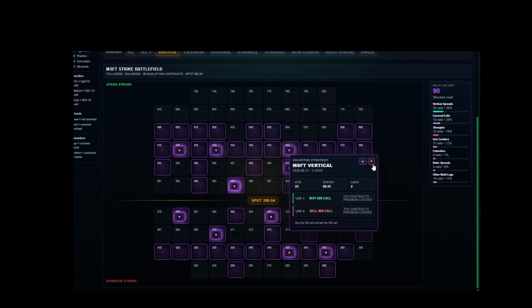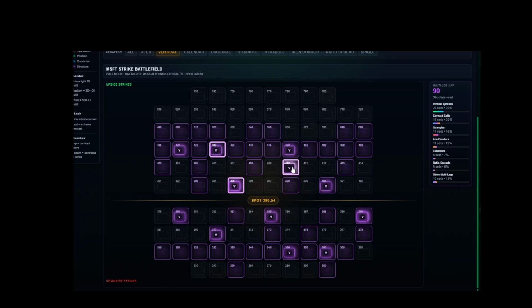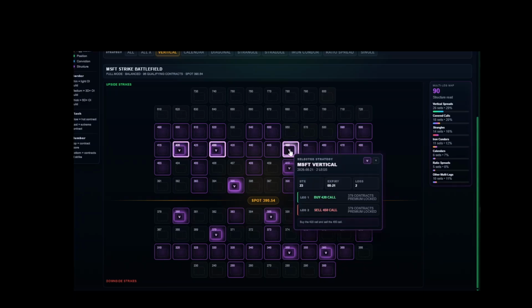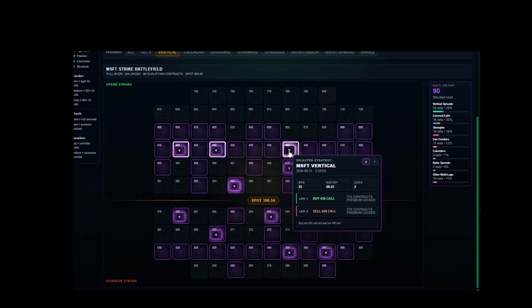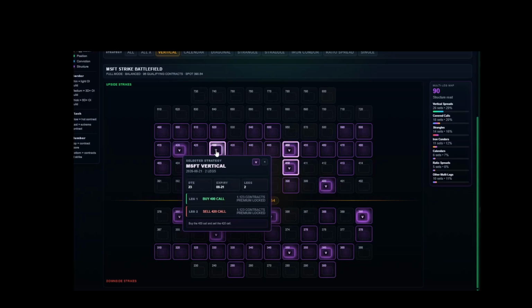Sometimes these positions can seem directional, but they might be part of a bigger strategy. We can never know for sure. This one right here could be a very small portion of an institution's portfolio. But looking at the structure of this setup, these three seem directional, so a bullish bet.